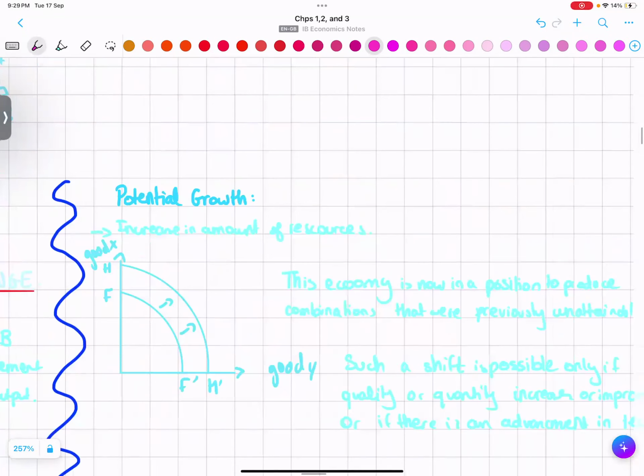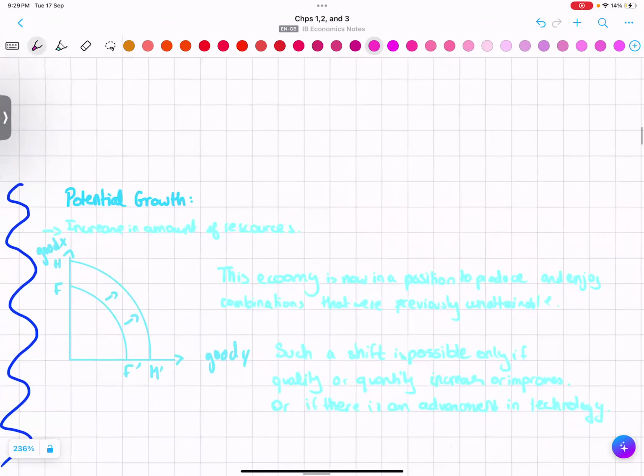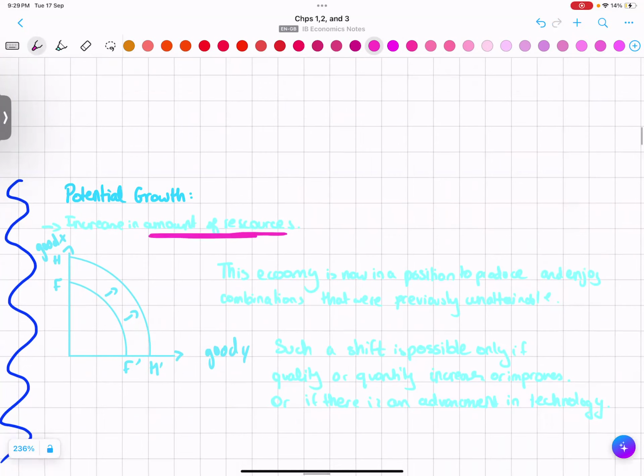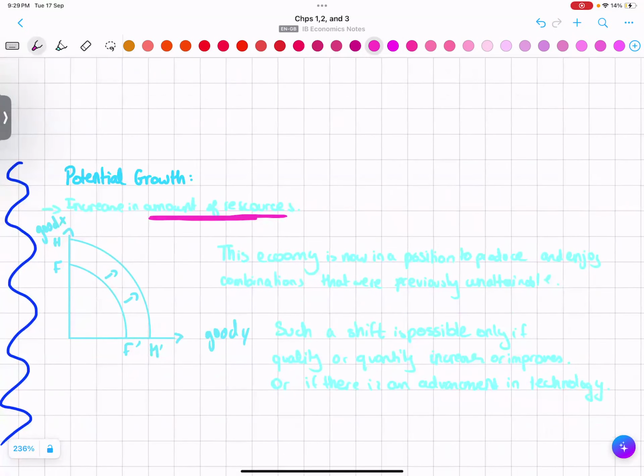But for potential growth, it's just a bit different. For potential growth, it's an increase in the amount of resources. This is the difference. So this economy is now in a position to produce and enjoy combinations that were previously unattainable, because again, there is an increase in the amount of resources.